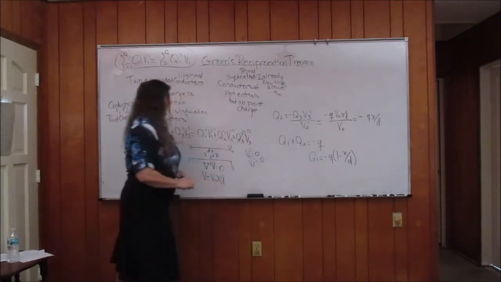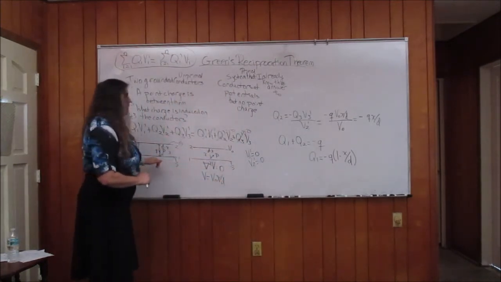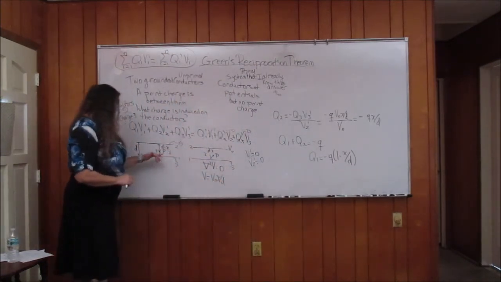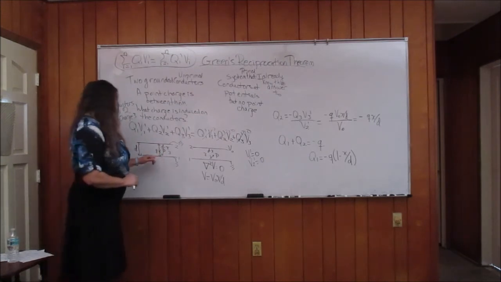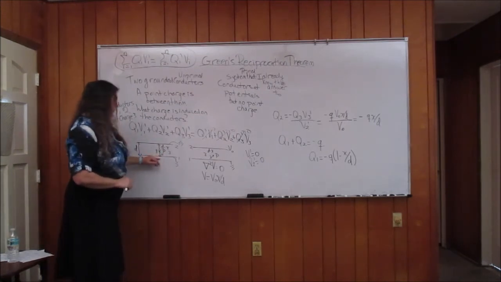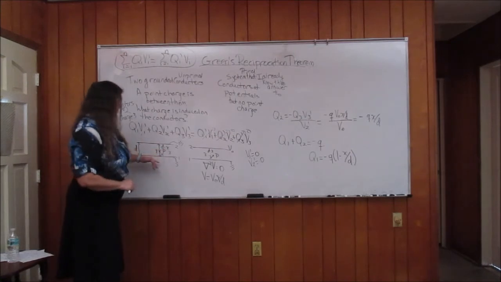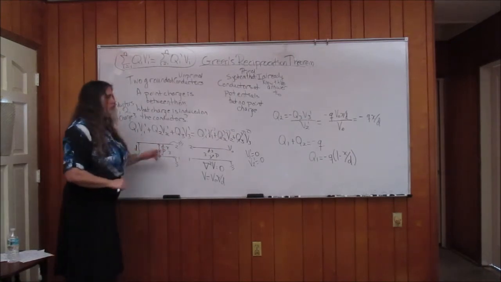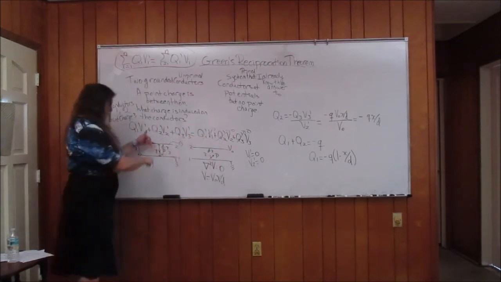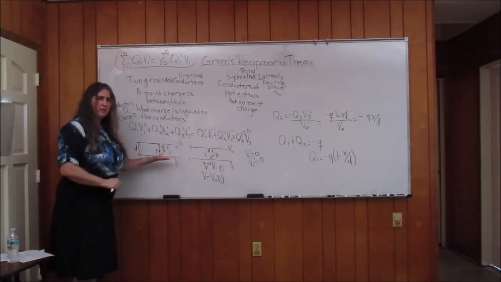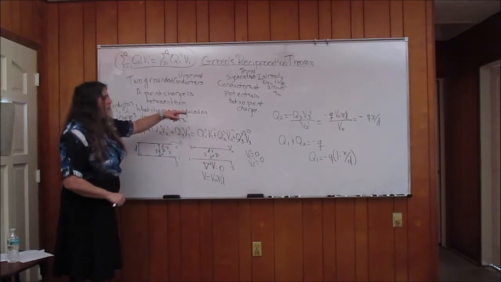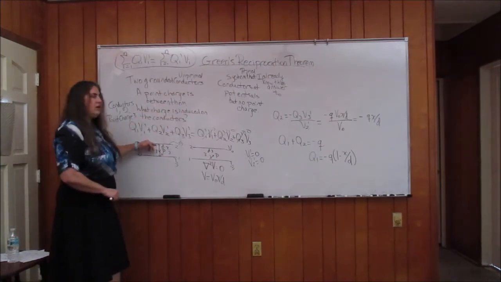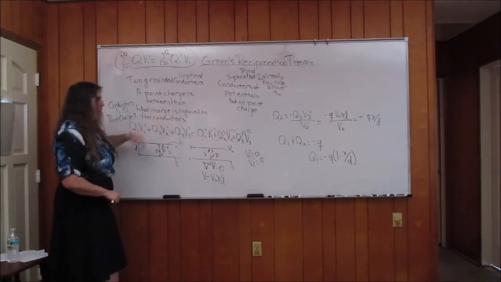Okay, so let's make sure this seems reasonable. If x is equal to 0, so x gets very close to the grounded plate, or the lower plate I should say, the charge induced on there is going to get pretty close to minus q. That makes sense. This charge is going to be closer to this lower plate. Conversely, the charge induced on the upper plate is going to be equal to 0.